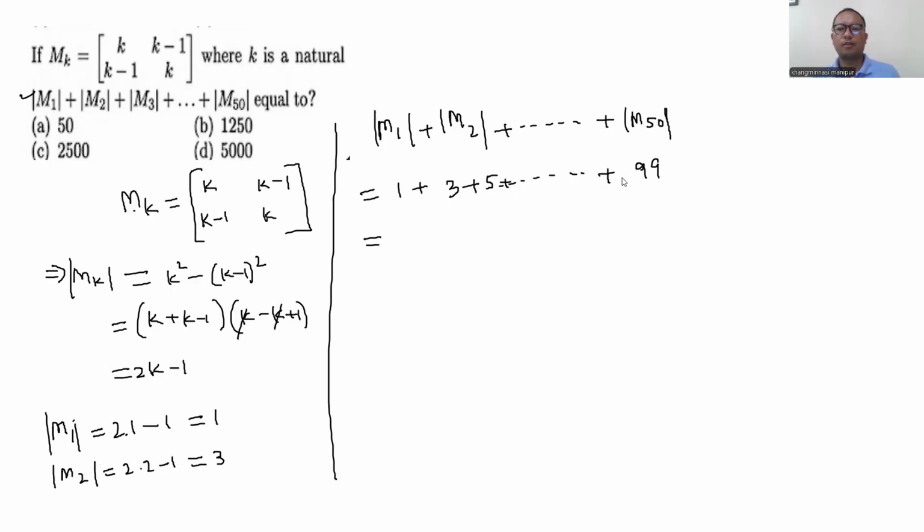How many odd numbers are there up to 99? There are 50 odd numbers. The sum of the first 3 odd numbers is 3 squared, the sum of the first 4 odd numbers is 4 squared. So the sum of the first 50 odd numbers will be 50 squared, that will be 2,500.